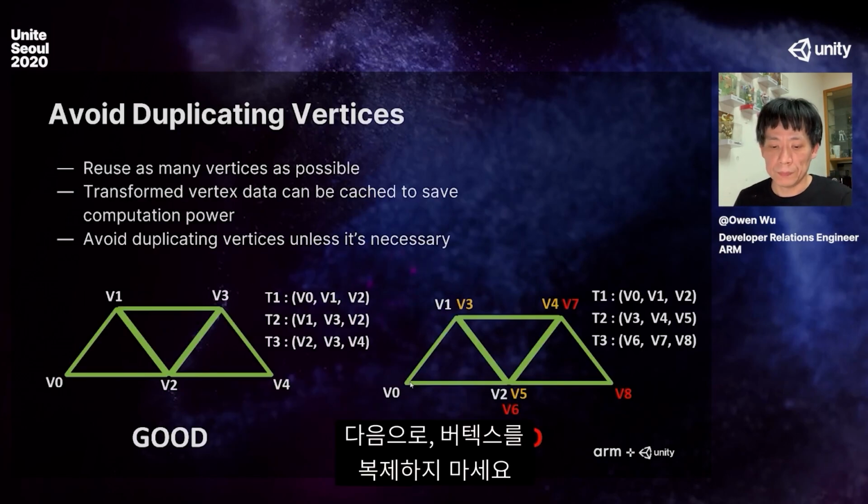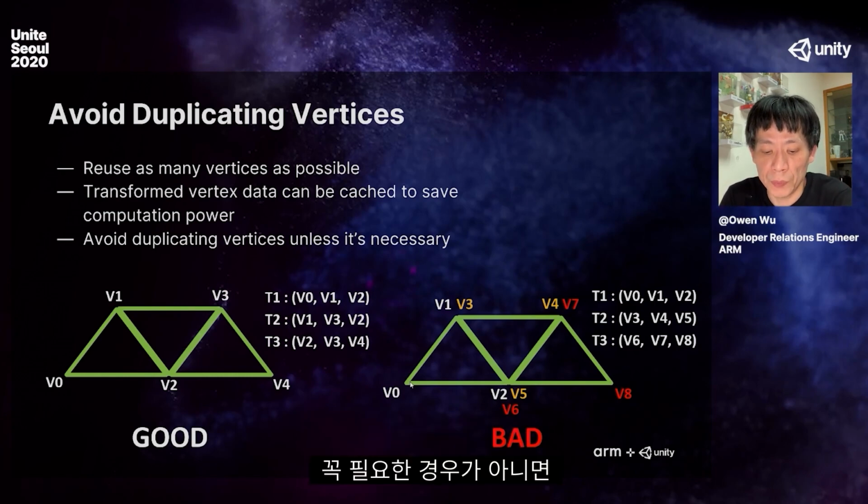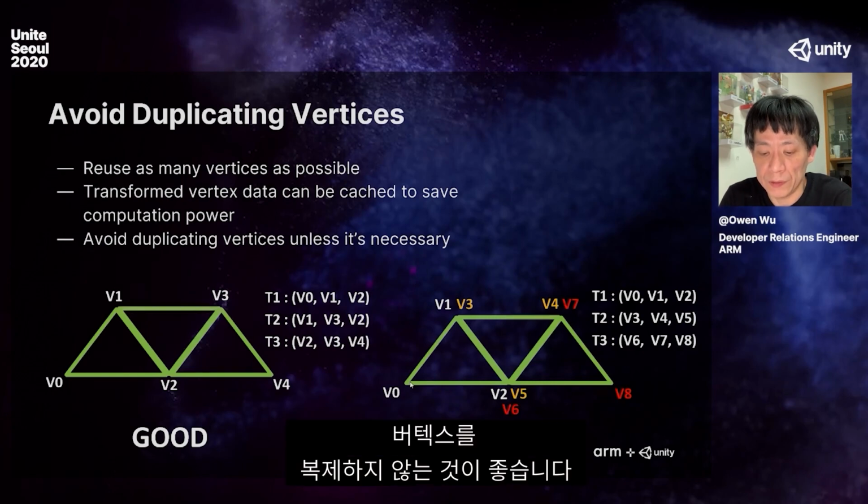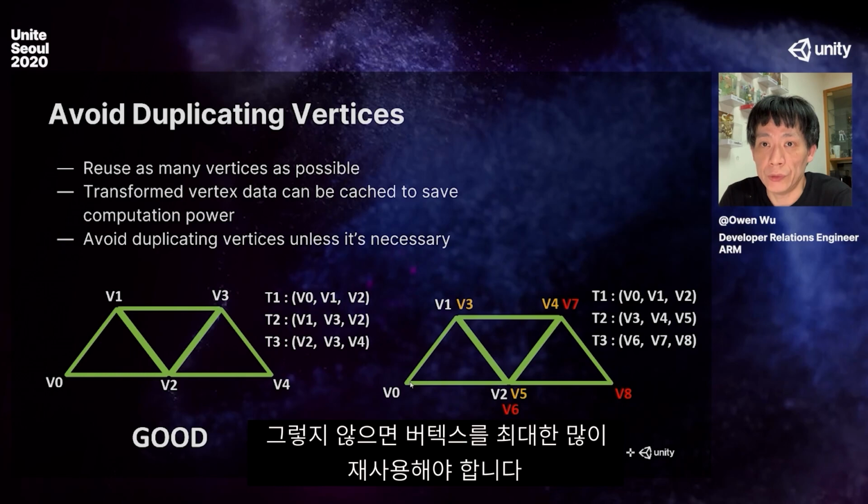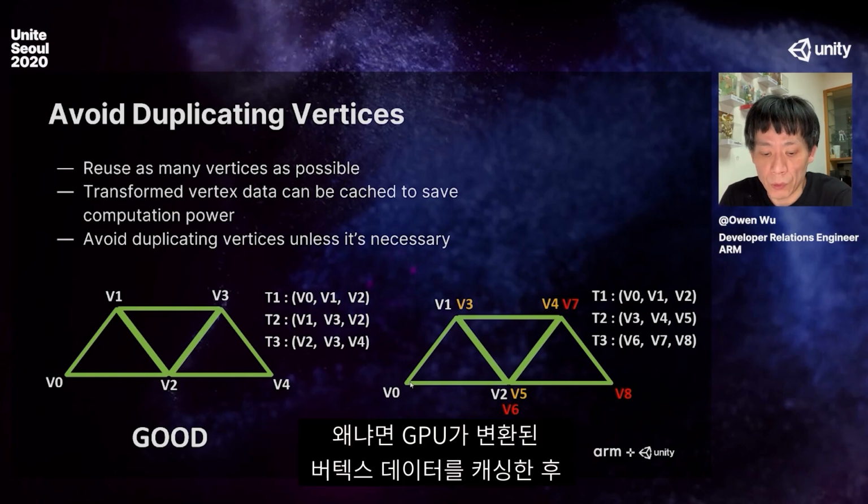And the next one, avoid duplicating vertices unless it's necessary. Otherwise, you should reduce your vertices as much as possible. So why?